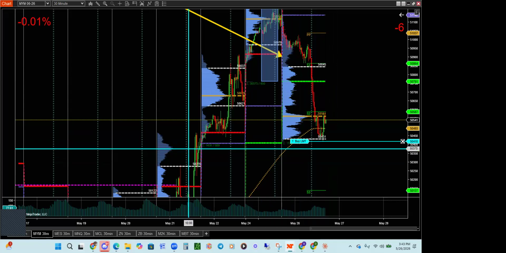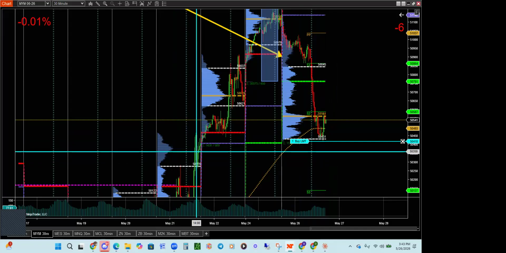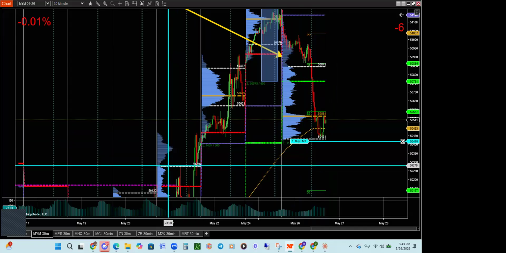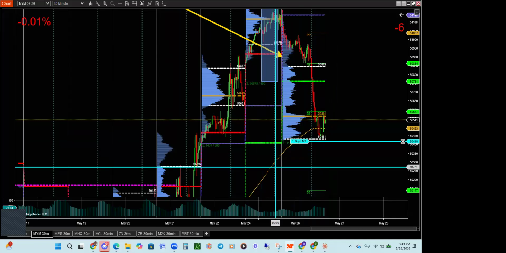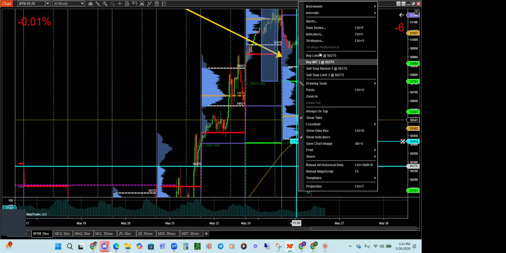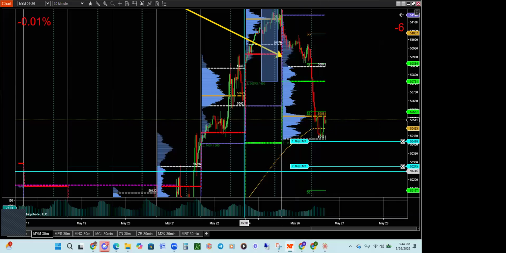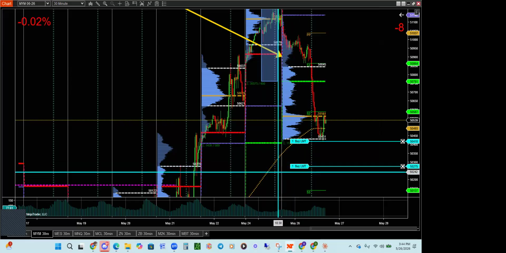Then we could also look at the prior day levels on the range trader, the 30-minute chart, and say there are some levels right around here, 50,276. So we could pick up another inventory right here, and this would be doing what Rod typically calls peppering the books on the range trader.